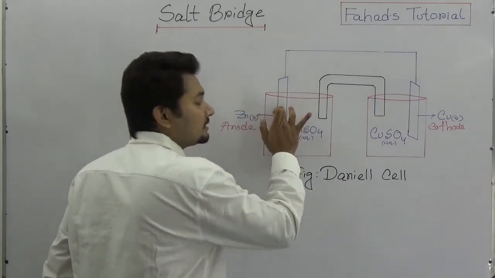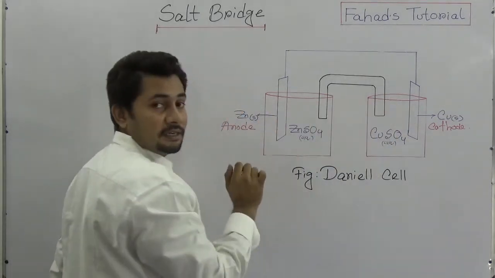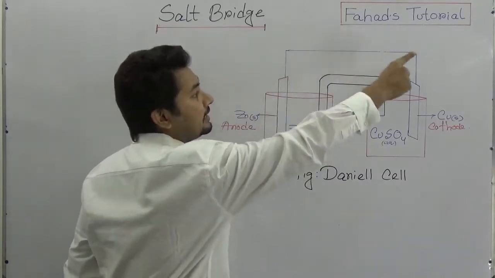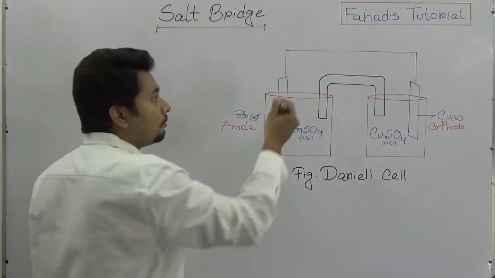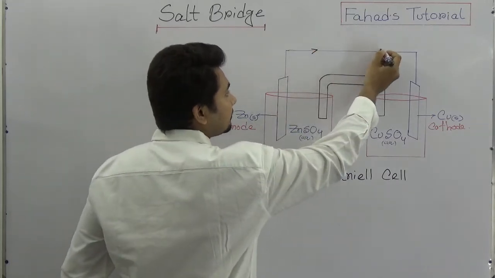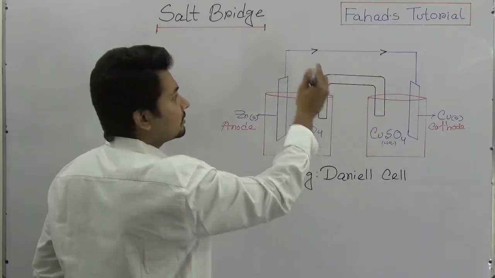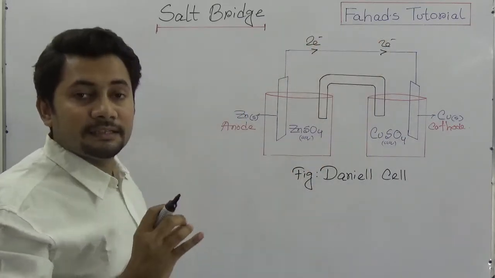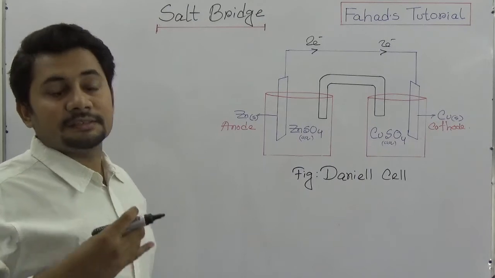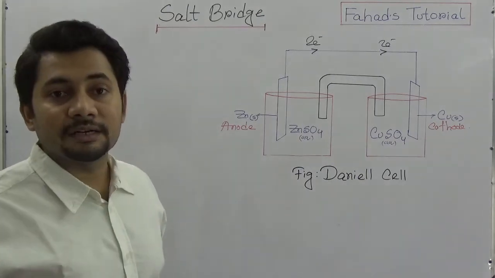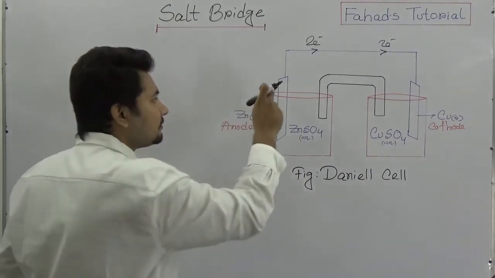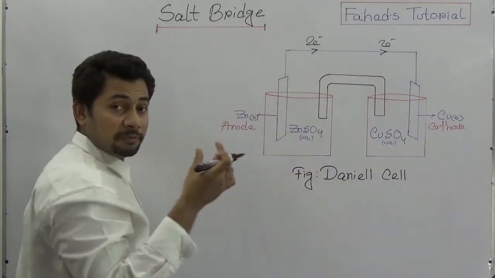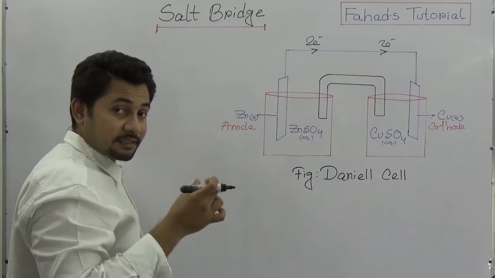You know that this is zinc and this is copper, and zinc is more reactive than copper, so zinc is releasing electrons. When electrons move from zinc to copper, we know that this is electricity, because electricity is nothing but the flow of electrons. So zinc is releasing electrons and copper 2 plus is accepting the electrons.